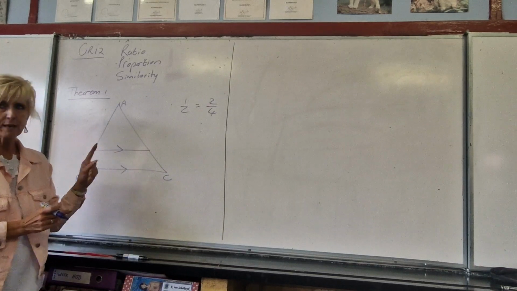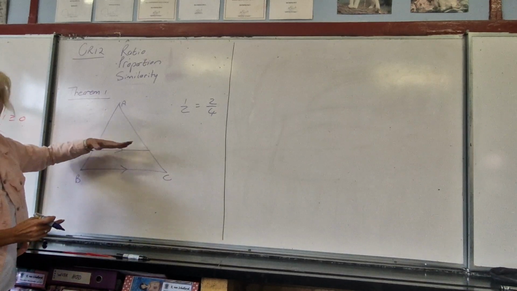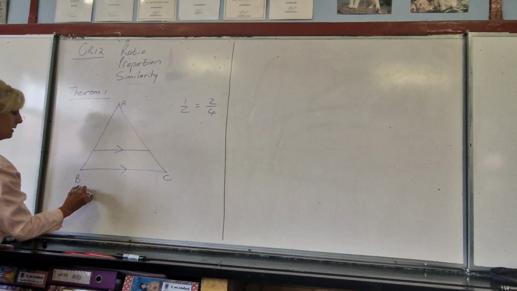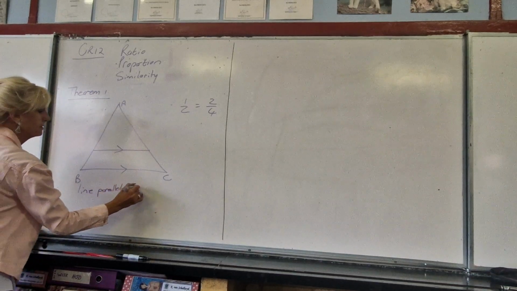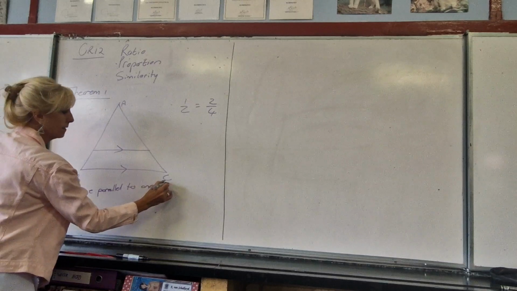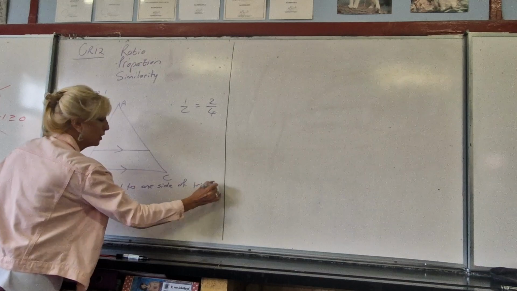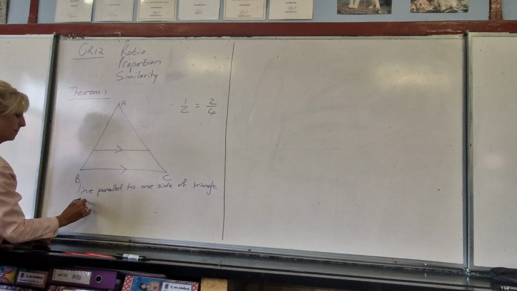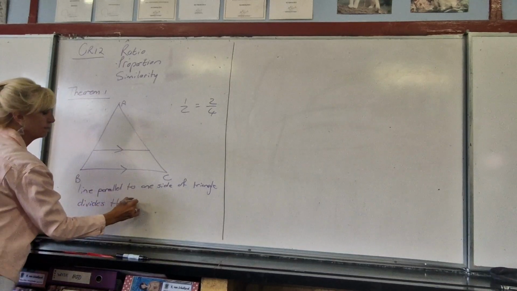So I'm saying that the theorem says, if there's a line parallel to one side of a triangle, it'll do the following. It will divide the other 2 sides.